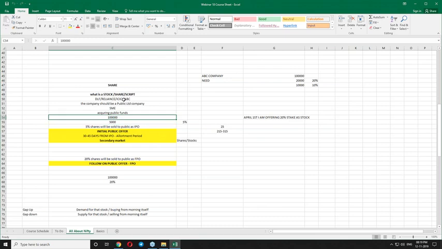The company total valuation is 1 lakh rupees. They need 5,000 rupees extra. That is 5% of the stake, and the shares will be given to the public as an initial public offer.